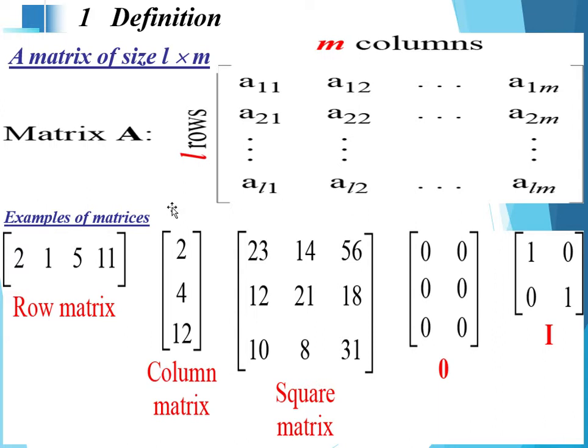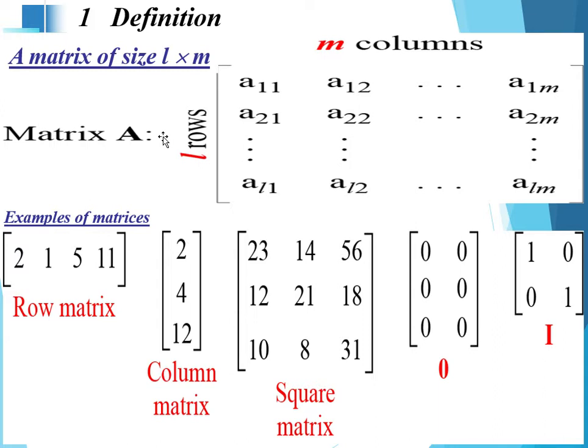A matrix is normally denoted with a boldface uppercase letter such as A. The element a_ij, or a into i j, is located in the ith row and jth column. Although the element can be a set of numbers, we discuss only matrices with elements in Z.